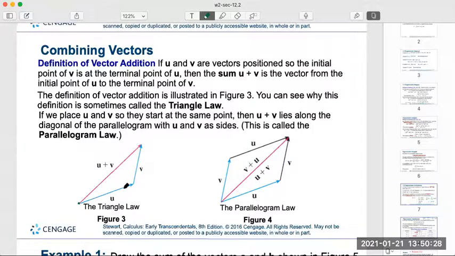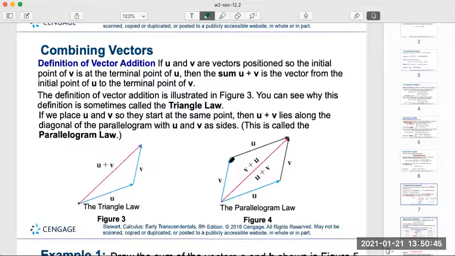How about if there's another vector V here? Look at this. Vector V here and vector V here are equivalent, right? They're placed in different places.